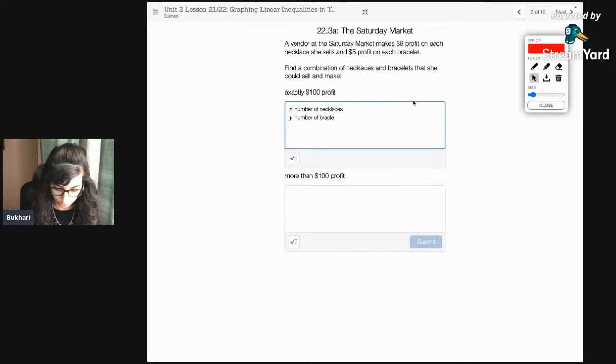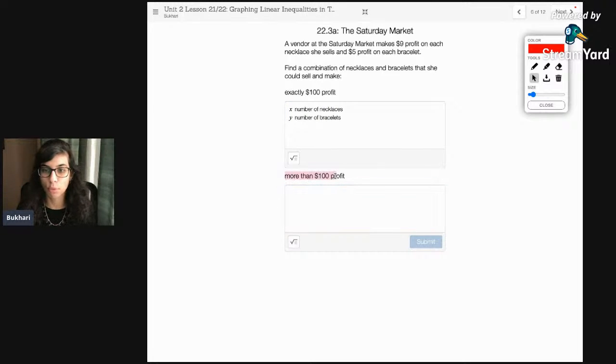How can I create my equation when there's exactly $100 profit? Remember, this should be a review from before. And then what does that inequality look like when I have more than $100 profit?